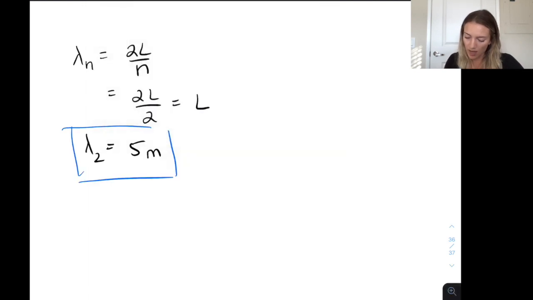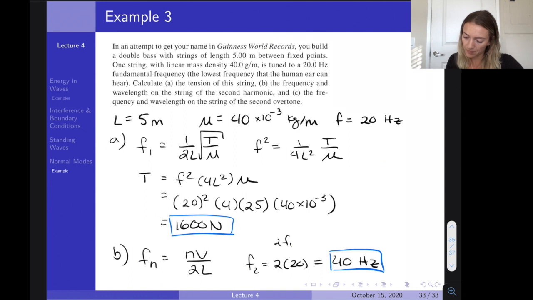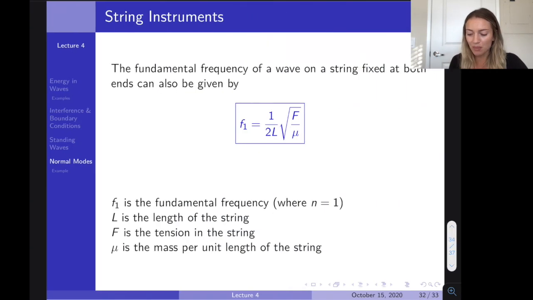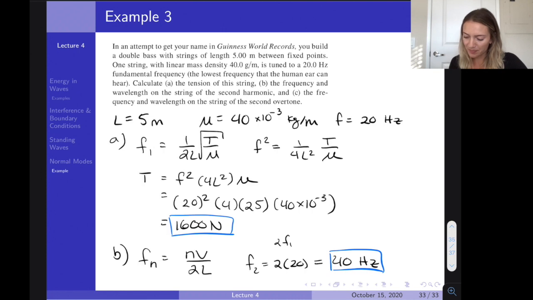And now let's look at part C. Part C is the frequency and wavelength on the string of the second overtone. Now remember here that the second overtone actually corresponds to n equals 3. If you see here, the third harmonic is the second overtone, because remember it's over the fundamental frequency. So we're basically doing the same thing, but n is equal to 3 now.